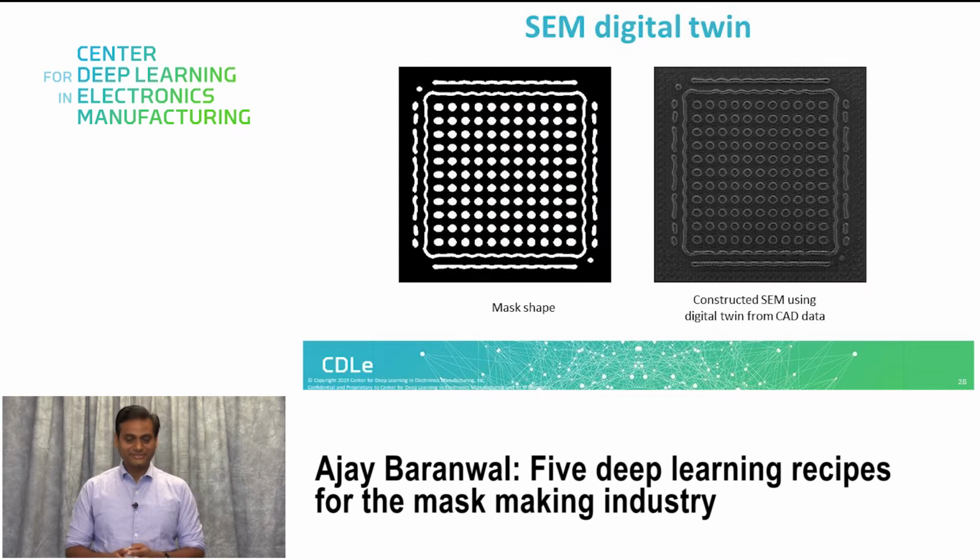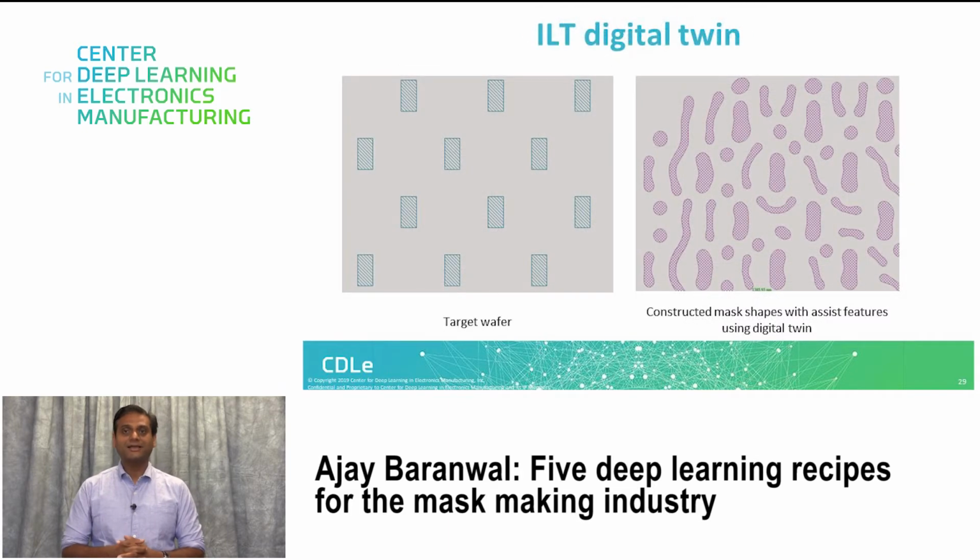I will show you two examples. The first one is the SEM digital twin, where we could create the same images based on the CAD data, and the second one is the ILT digital twin, where we could construct the mask shapes from the target shape even with the assist features. So that was pretty awesome.